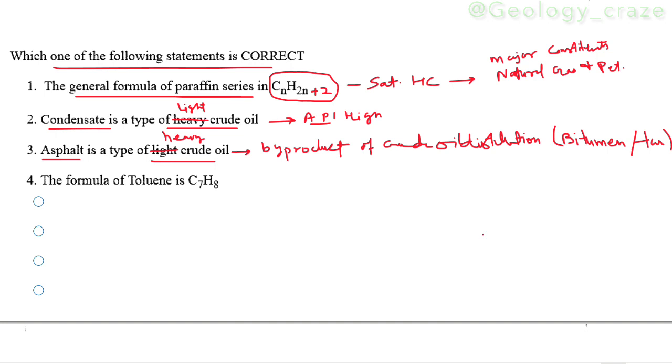And the fourth option is the formula of toluene, and this is the correct one. So this is the correct option. And here, it is heavy crude oil, so it means its API is low. Remember this.